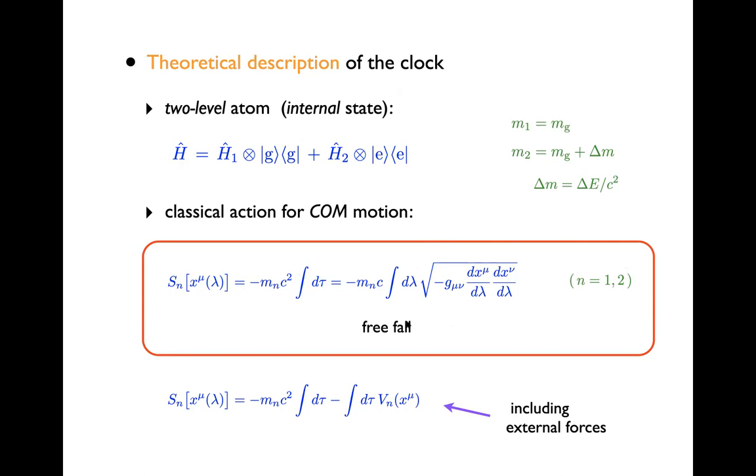And the important thing is that, because of Einstein's equivalence between energy and mass, the energy difference between the two internal states implies that the inertial mass of the atoms in the two different internal states will differ by a small amount, delta m. It will be very small, but it will play a crucial role.